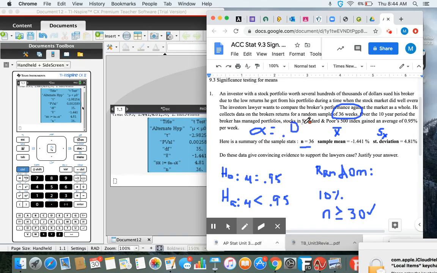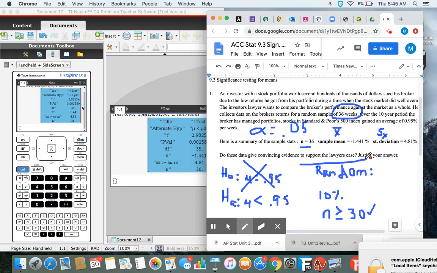So in my conclusion, I'm going to write down my p-value of 0.003, and then I'm going to say, because the p-value is less than my significance level, I reject the H0, which means that we have convincing evidence that this investor is getting significantly less than 0.95% returns on his portfolio. In other words, we do have evidence to support the lawyer's case.